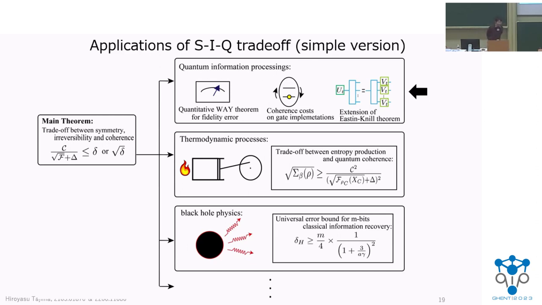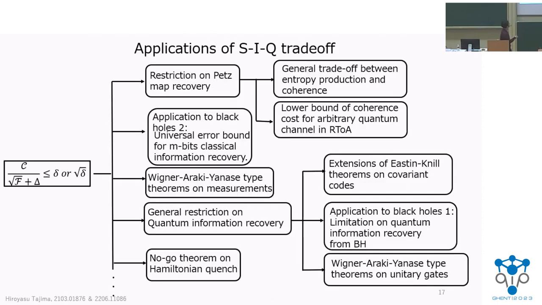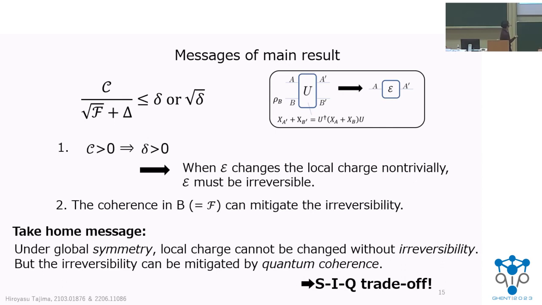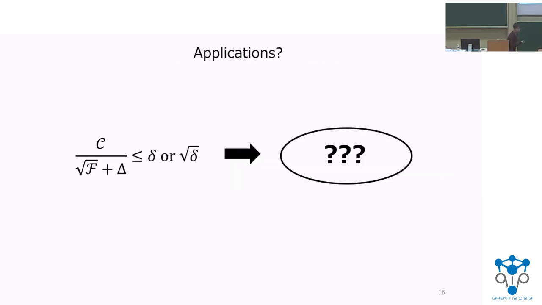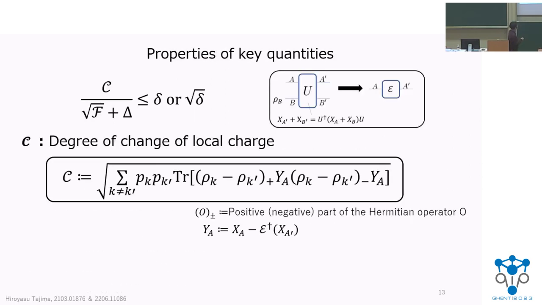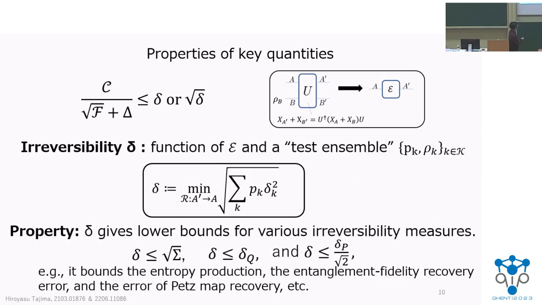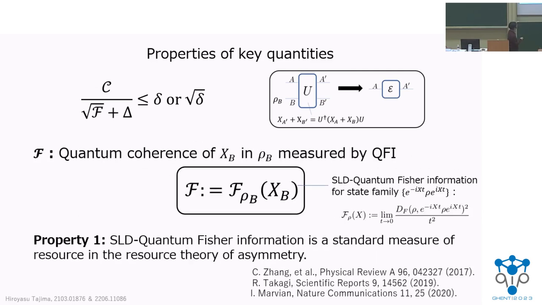Thanks for the talk. I think it's a very interesting result. Can we switch to page 12 for once? This one? Page 12. Yes, that's it. This F that you define here, is this a measure of asymmetry? So yes, the resource in the resource theory of asymmetry.